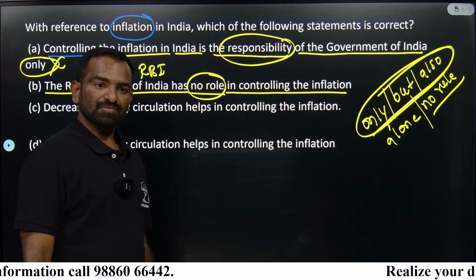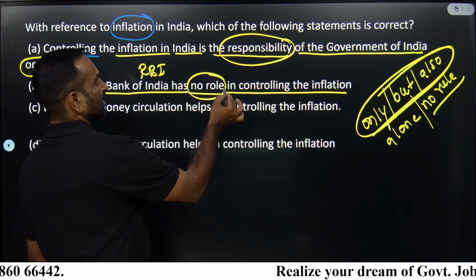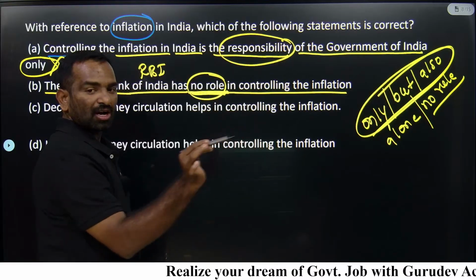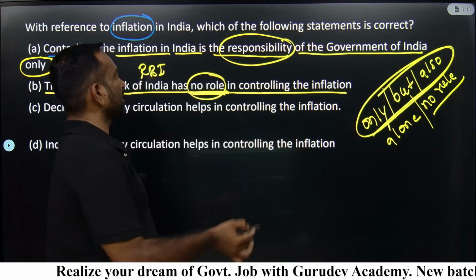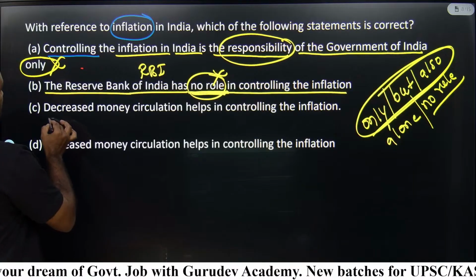Is this true? No. RBI is the authority in India to control inflation. So, absolutely wrong.